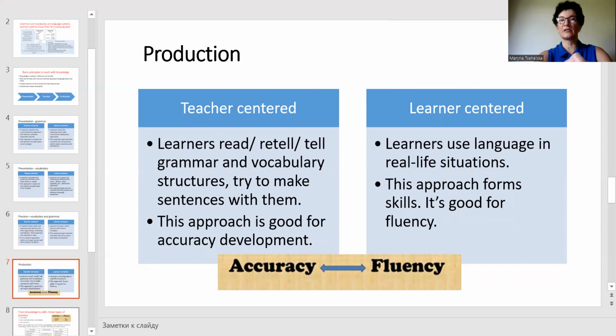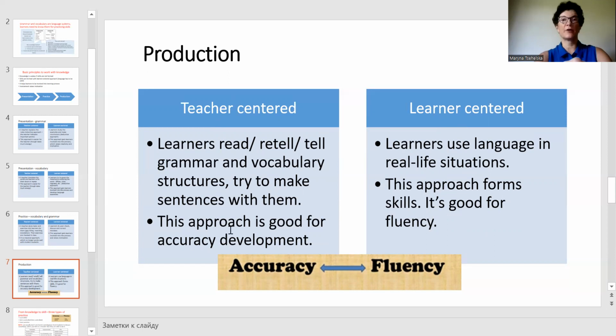At the production stage, learners may either retell something, or you may use this stage for introducing real-life situations and forming a skill.